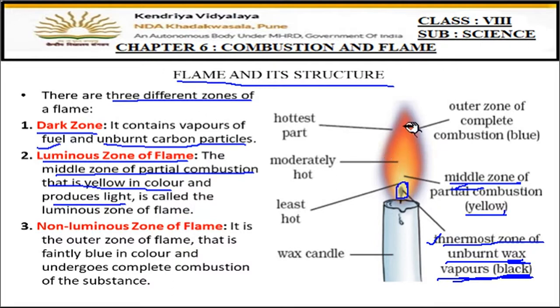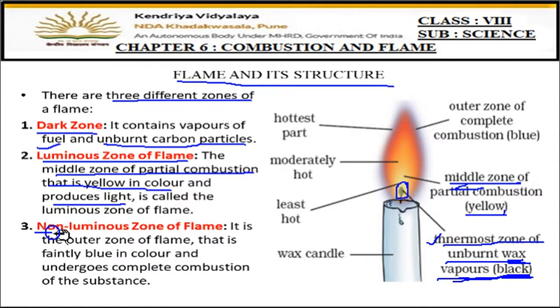In this area also there is no complete combustion. Partial combustion, half burning of the wax, and it is yellow in color and shows light. It is called the luminous zone as it is producing light.